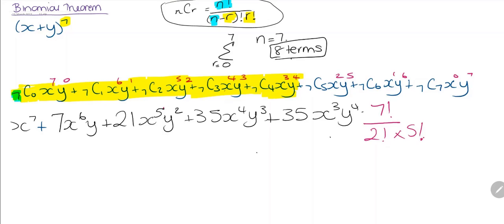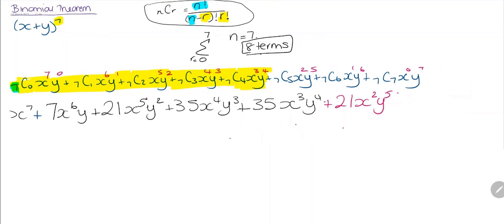We also had a look at that one when we did 5 factorial times 2 factorial. So we know this answer is going to be 21. And this is going to be x squared, y to the 5.